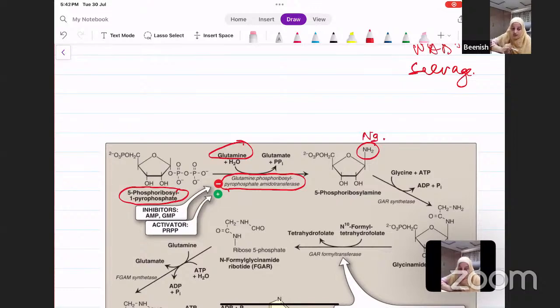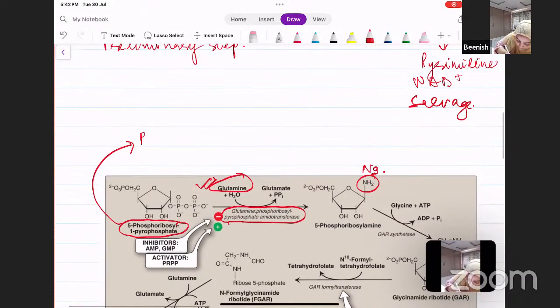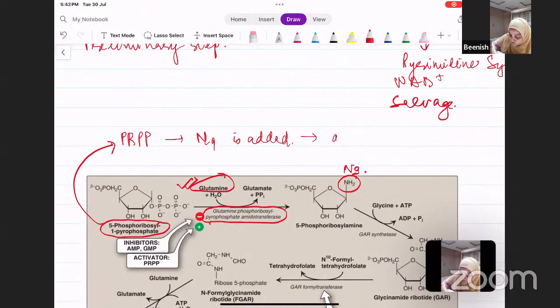To PRPP, nitrogen 9 is added first. Who is the contributor? Your glutamine is the contributor. So this PRPP that was formed in the first step, nitrogen 9 is added. The enzyme I've already mentioned, and the contributor of this nitrogen is your glutamine.